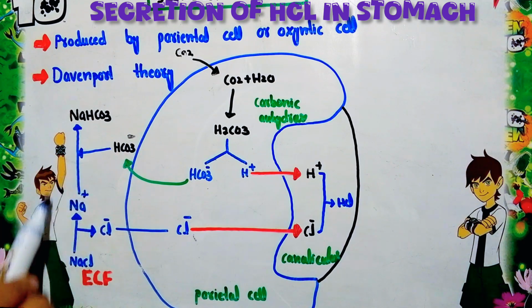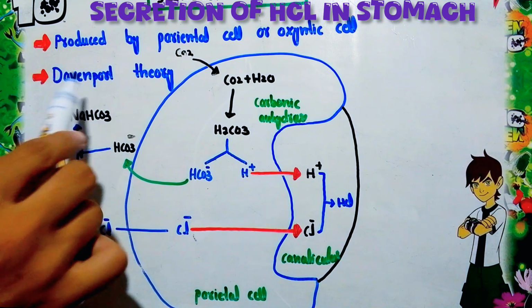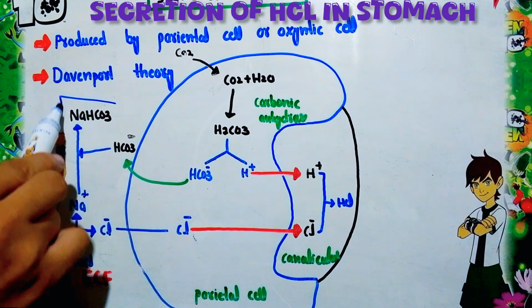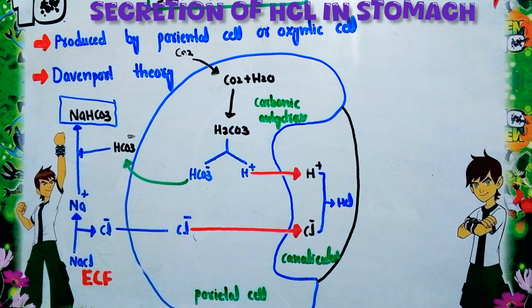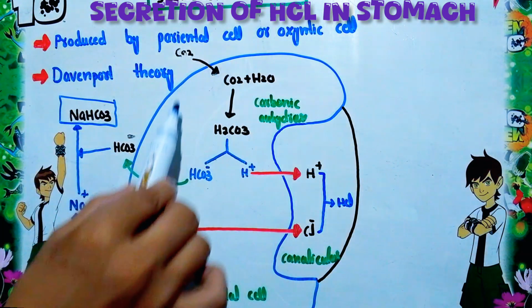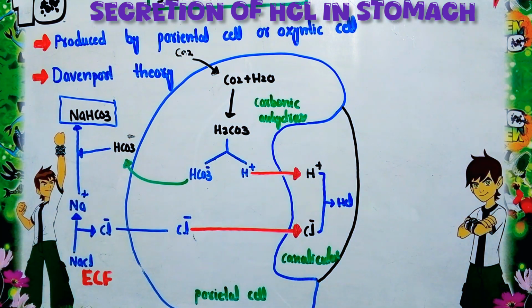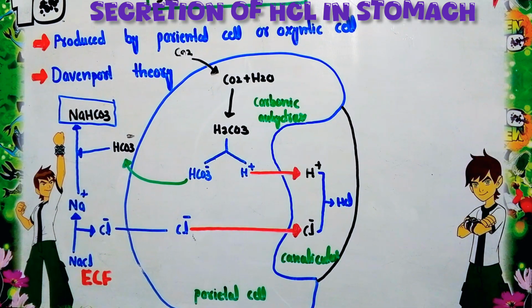At the ECF, this sodium ion combines with the bicarbonate ion and finally forms sodium bicarbonate. So this is the overall process by which the stomach cell, or parietal cell, is able to synthesize and secrete hydrochloric acid. This is the overall mechanism of the secretion of HCl explained with the help of the Davenport theory.